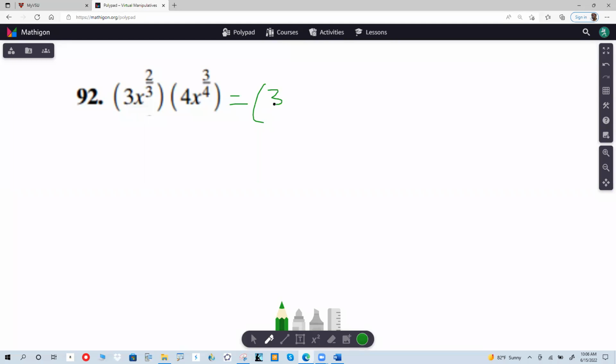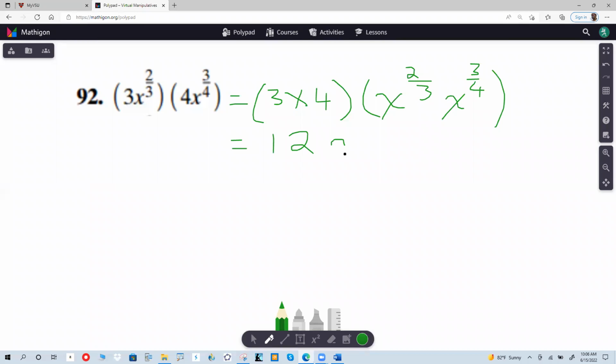You multiply the like terms. You could have written 12, and what's going on here is 2/3 plus 3/4. If the bases are the same here, they are x, I add the powers or exponents. So I'm going to write 12 here and x here. What's the power? I'm going to show you right now, but I know you guys can do it.